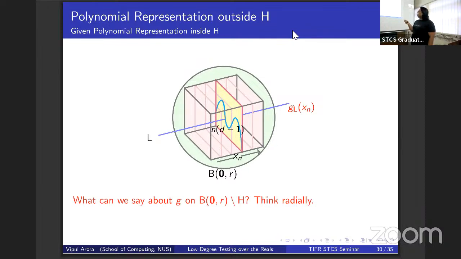So via this argument, over all points in B(0,R), you now have a degree D n-variate representation for G. And the next step outside B(0,R) is even simpler, because outside B(0,R), G was defined by extrapolation. So whatever degree D n-variate representation you have in the ball, it extends outside the ball as well. So this completes the argument that G is a degree D n-variate polynomial over the reals.